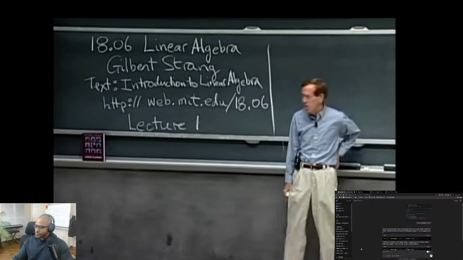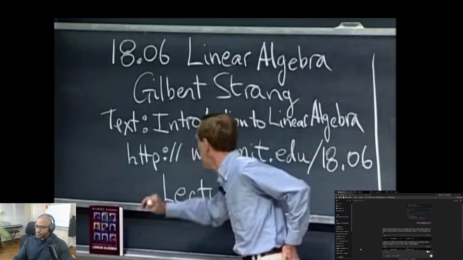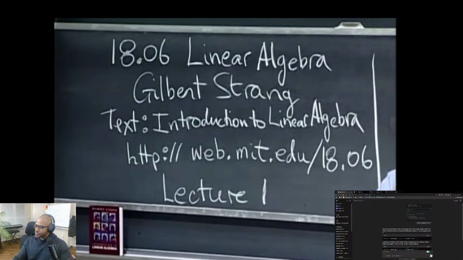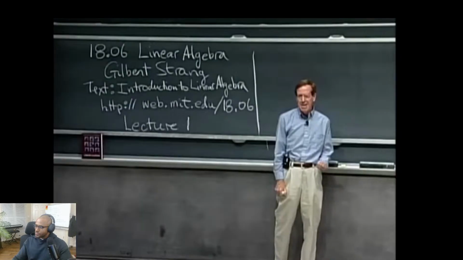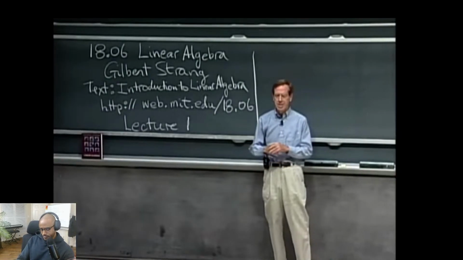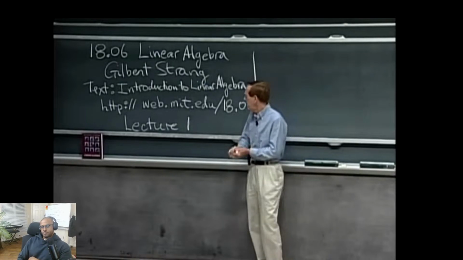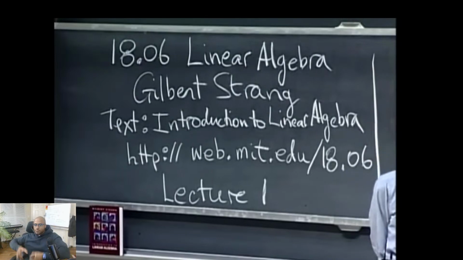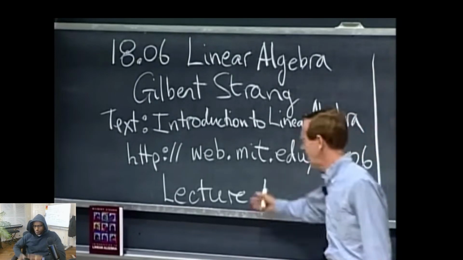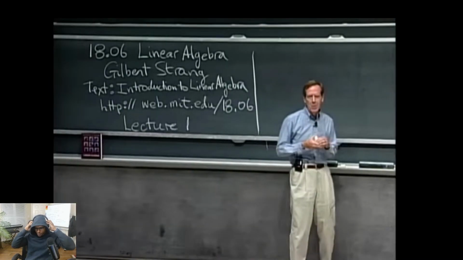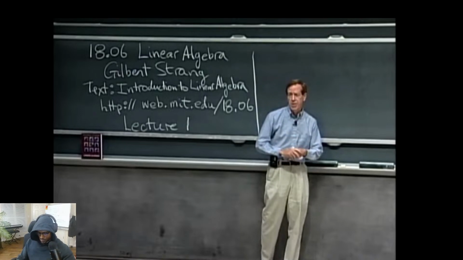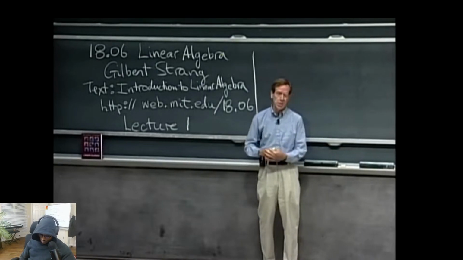The text for the course is this book, Introduction to Linear Algebra, and the course webpage, which has got a lot of exercises from the past, MATLAB codes, the syllabus for the course is web.mit.edu/18.06. And this is the first lecture, lecture 1. So, and later we'll say which will give the web address for viewing these videotapes.